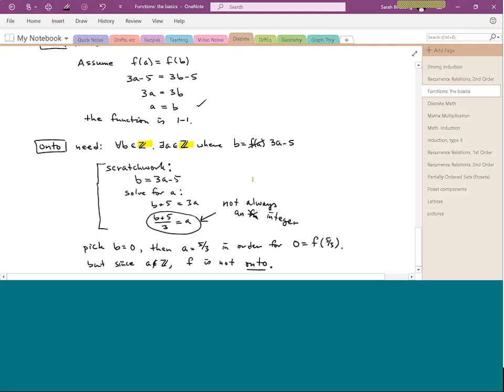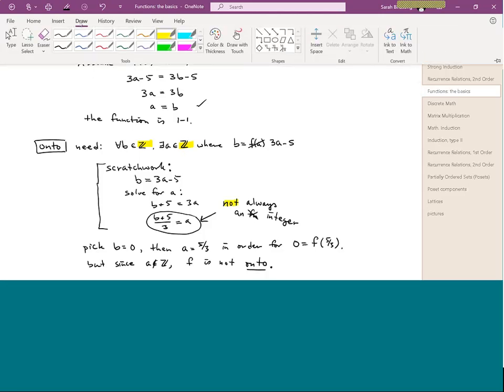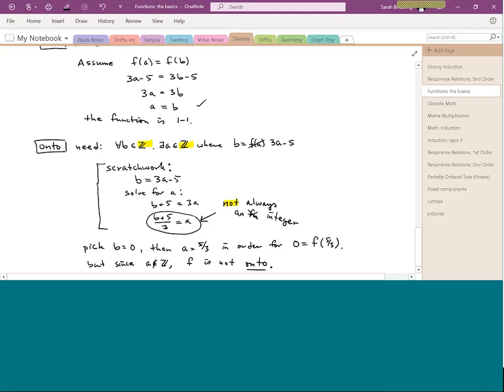And the answer is the scratch work would be exactly the same. You'd still be able to solve for A. You get this expression. But is there any issue now if you change out the integer sets over to real numbers? Is there any issue with this expression for A not always being an integer? Huh? So let's see. What did you guys think?